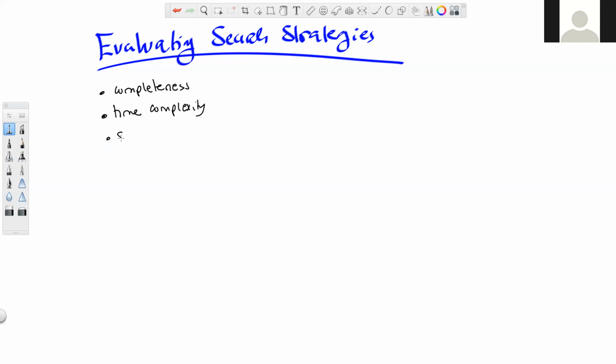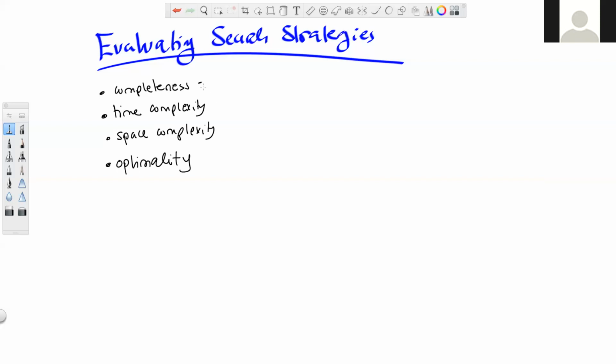The third one is space complexity. And the last one is optimality. So for every search strategy we look at, we're going to say: is it complete or not? What's the time complexity? What's the space complexity? Is it optimal or not?